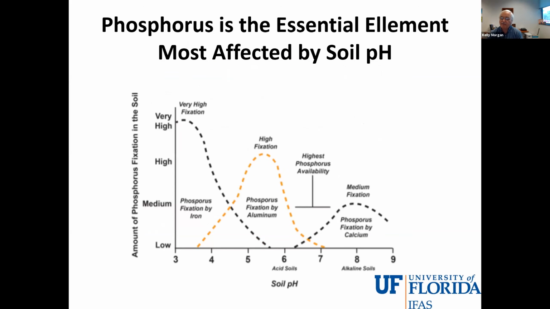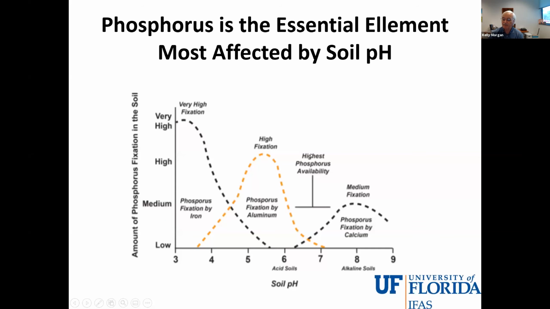Looking at fixation of phosphorus in the soil, we have the pH continuum down here at the bottom, going from pH of 3 to 9, from acidic soils to alkaline soils. At a near neutral pH, just below neutral, in the 6 to 6.5 range, that is the highest point at which phosphorus stays available in the soil.